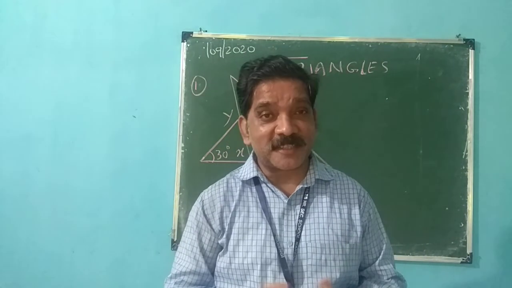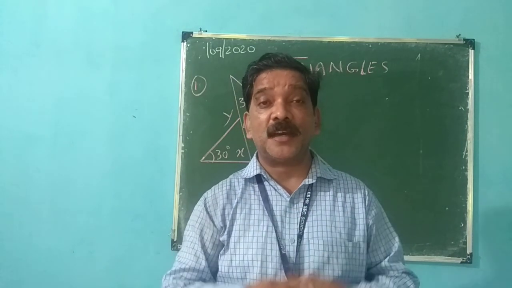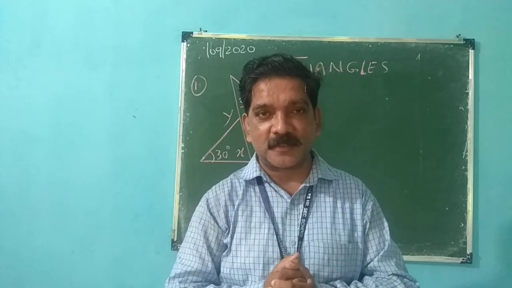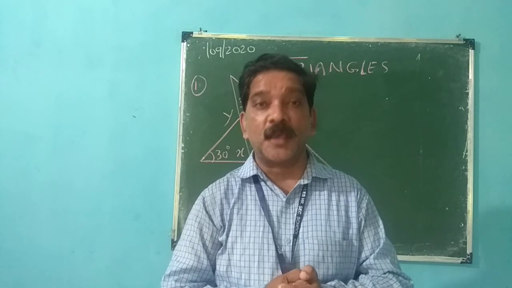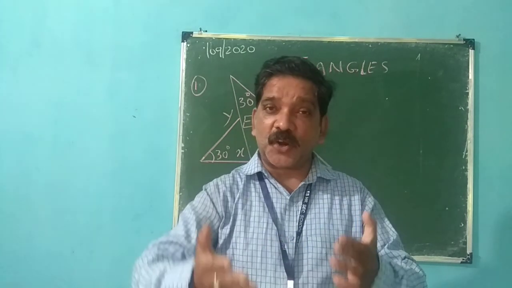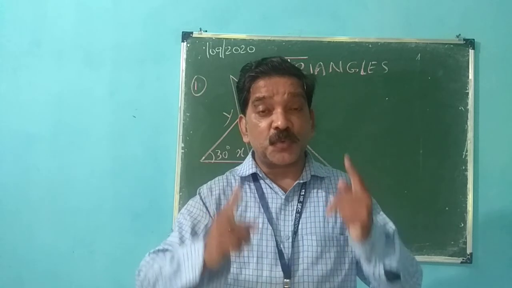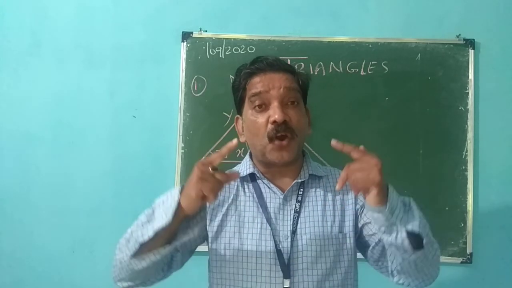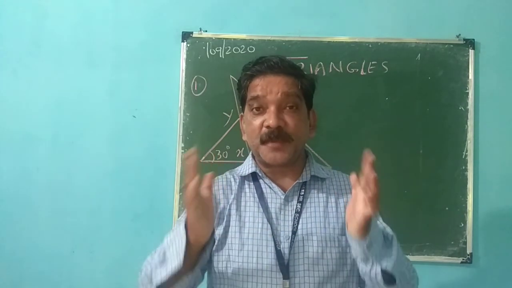So we have already started the revision, and in the last class I was teaching you the congruency of triangles. When are two triangles said to be congruent, or in other words, when can you say that the two triangles are equal in all respects? It should be exactly the same.